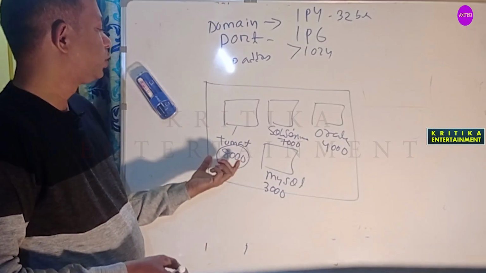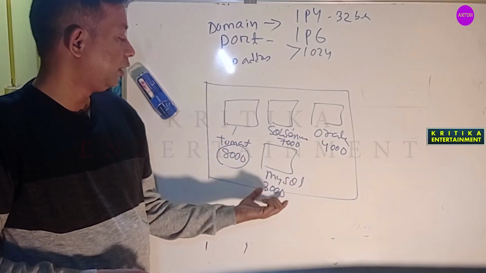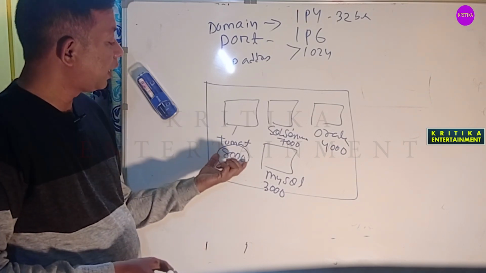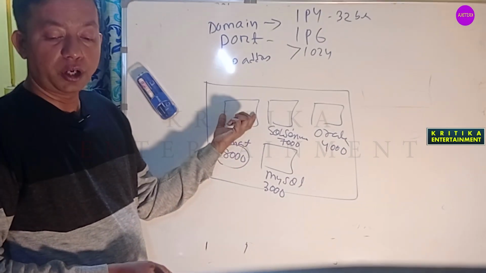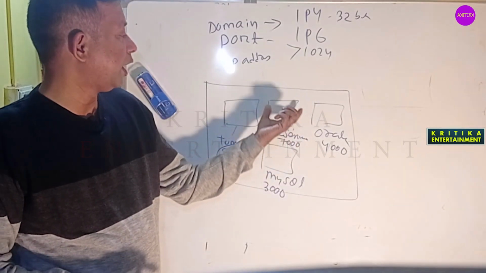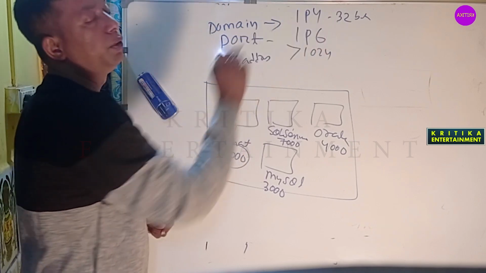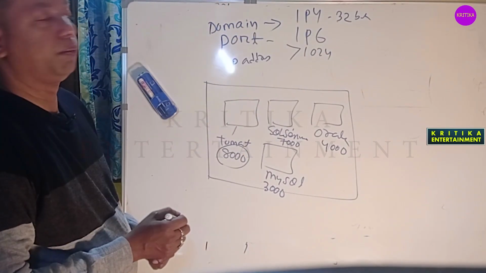When you call 8000, the Tomcat server runs. When you call 7000, the SQL server runs. So the port number is used to reach the inner program.